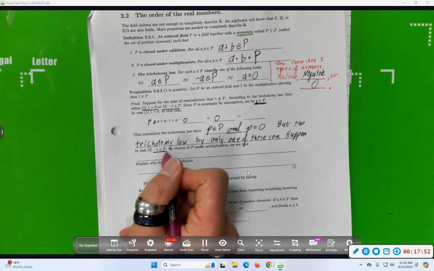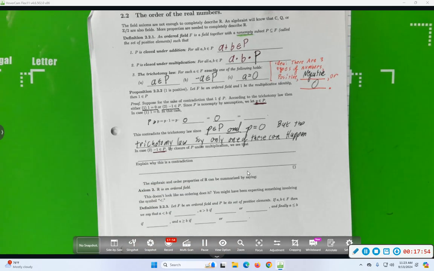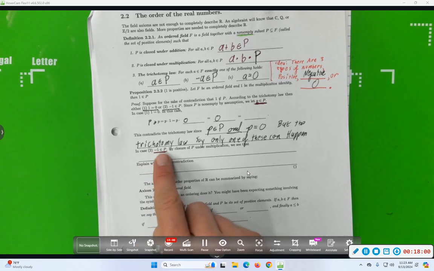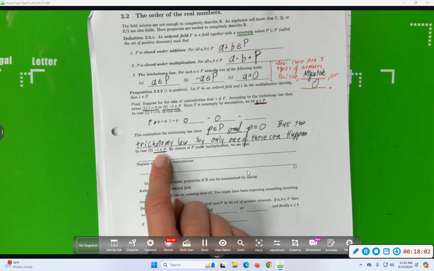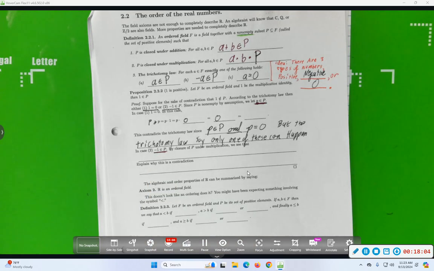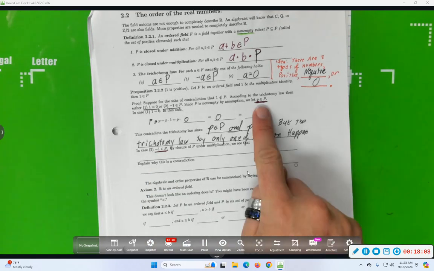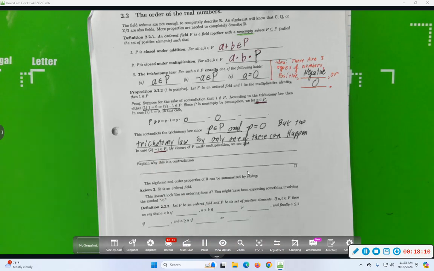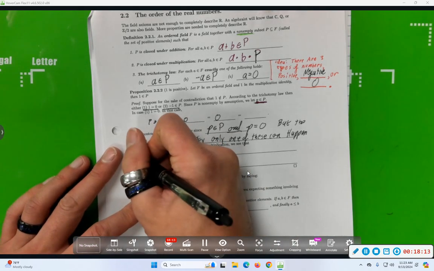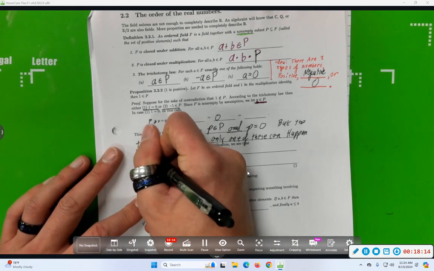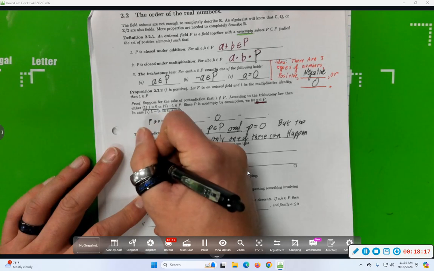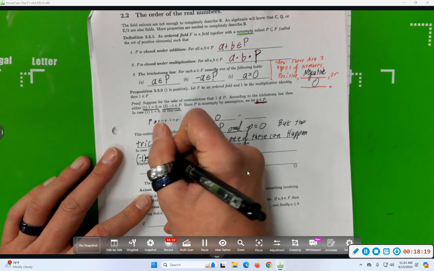I'm in the case that negative 1 is positive. So what conclusion can I make? Negative 1 times p is positive. Nice. I know that p is positive, I know negative 1 is positive. So negative 1 times p, I'll put the parentheses just for emphasis, is in capital P, is positive.